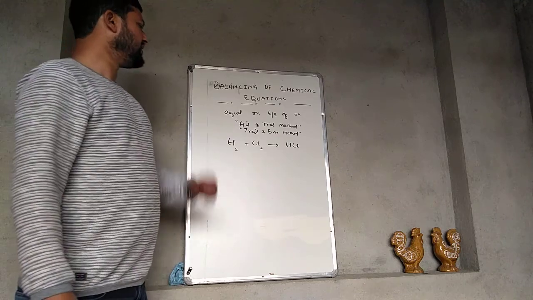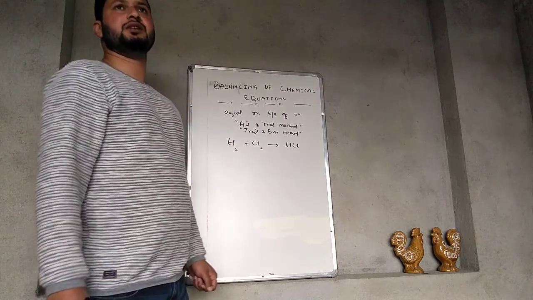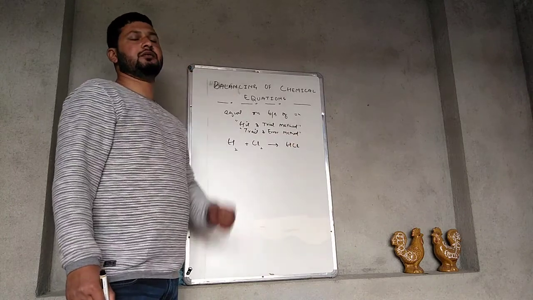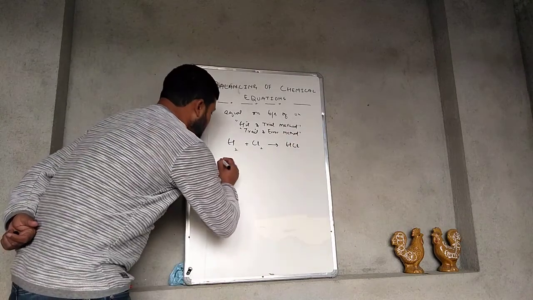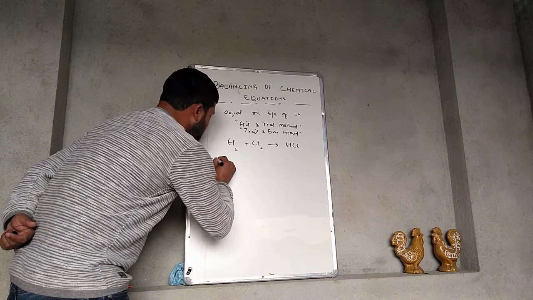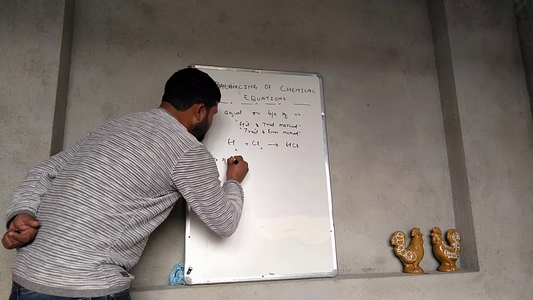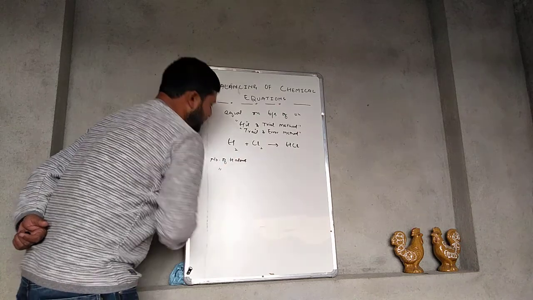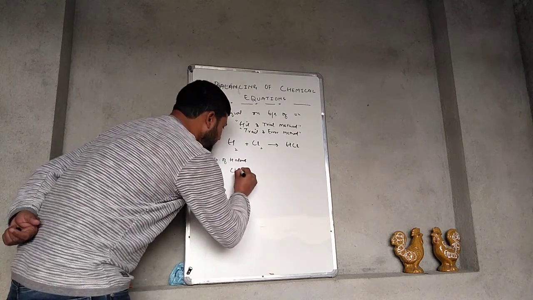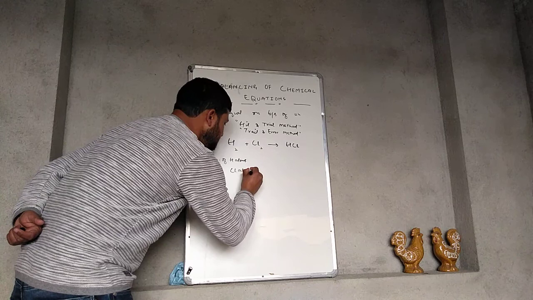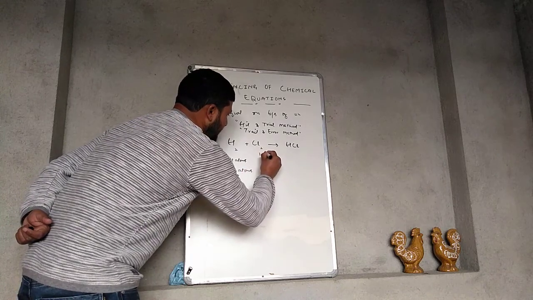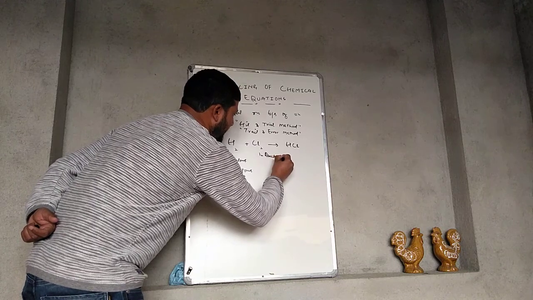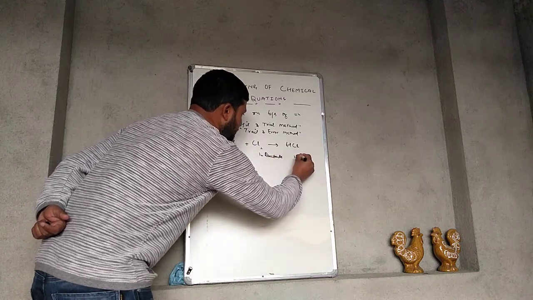Let's count the number of hydrogen atoms and chlorine atoms in the reactants as well as the products.